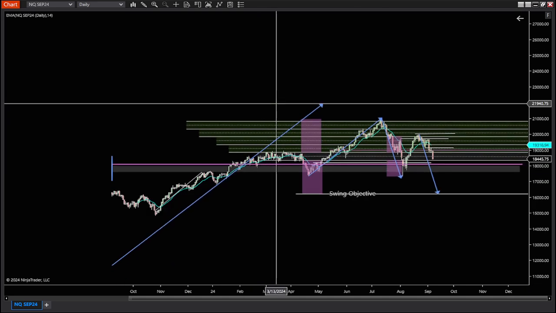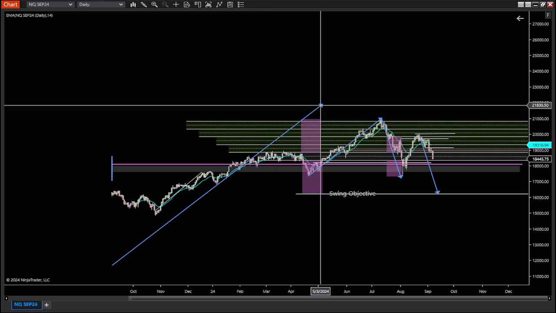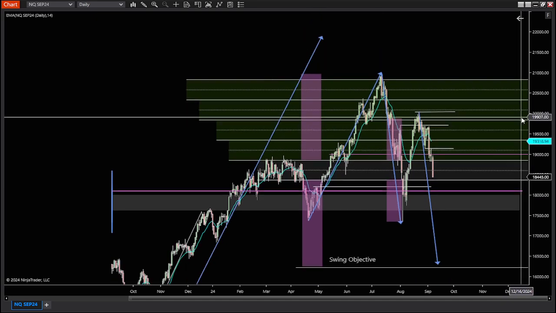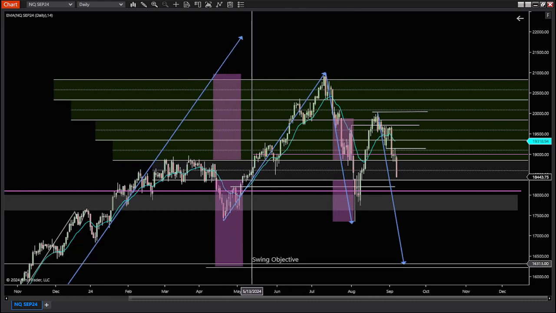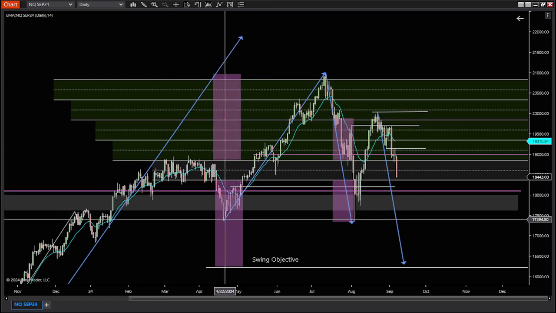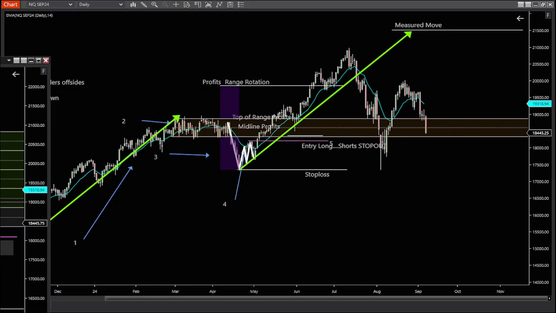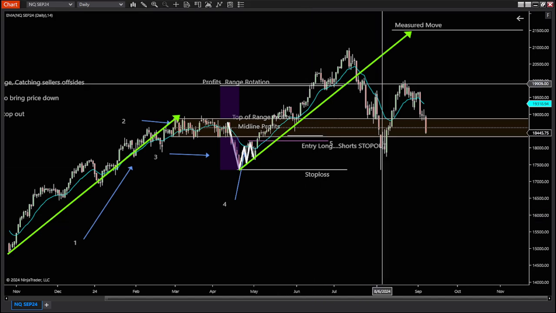I have a larger measured move up here, and if I zoom out, that's staying there. Here's my daily, as you can see, same thing. Swing objective was here, and we reached it here. Now this I'll get into in a moment.